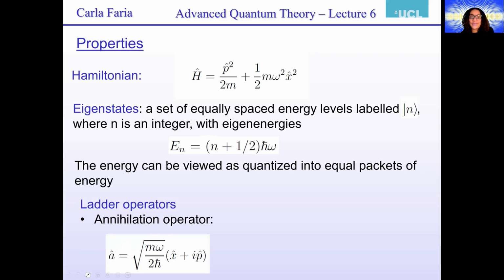We also have special operators to go up or down the ladder. Namely, we can define an annihilation operator, and we can also define a creation operator. The annihilation operator and creation operator are actually related to each other: a dagger is the Hermitian conjugate of a.